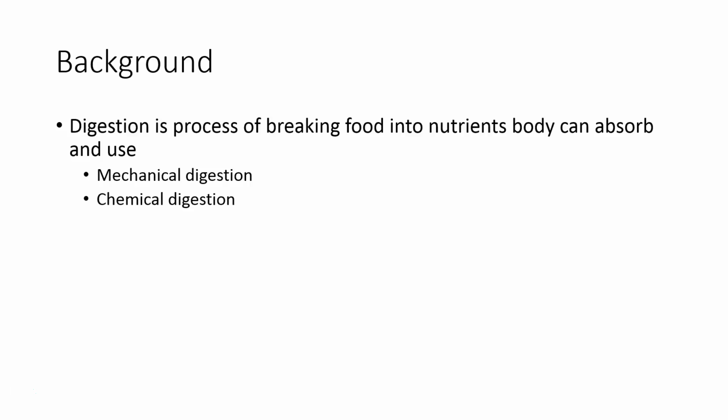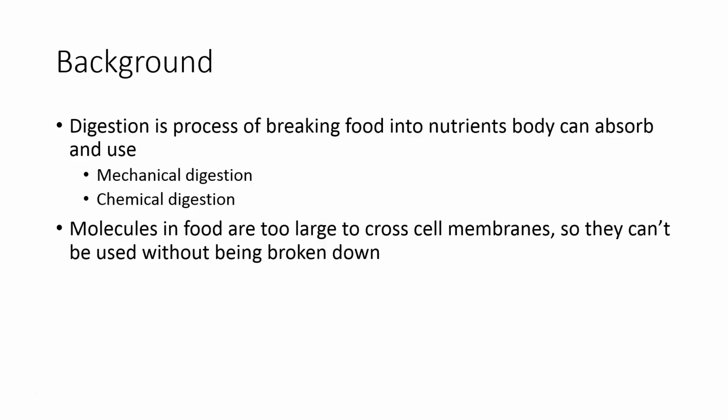Chemical digestion is all of the chemical reactions that your body conducts to break those big food molecules into smaller ones. That's because the molecules in your food are for the most part much too large to cross your cell membranes, so they can't be used by the body until they've been broken down into smaller molecules that can fit into the cell. So imagine the cell membrane being like a farm gate.